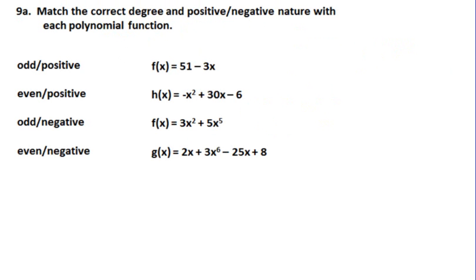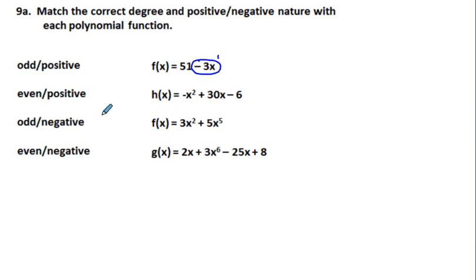9a, match the correct degree and positive or negative nature with each polynomial function. So the first one I'm looking at here, f of x equals 51 minus 3x. Well, our largest term is negative 3x, which is 3x to the first power, which makes this negative and odd behaving.